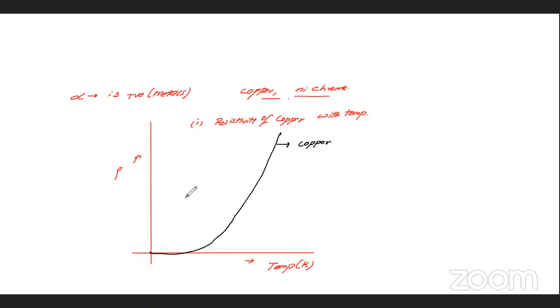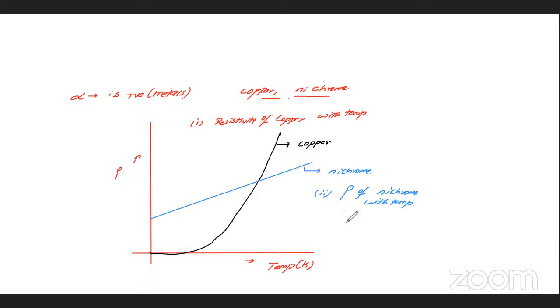And the same thing when we are discussing nichrome: initially there will be some temperature, and when we raise the temperature, the other graph increases in a linear fashion. I'll take a different color. This indicates your nichrome. This is the second case, resistivity of nichrome with temperature.